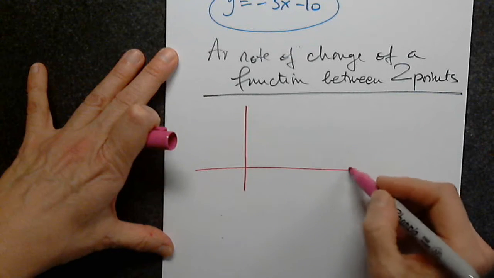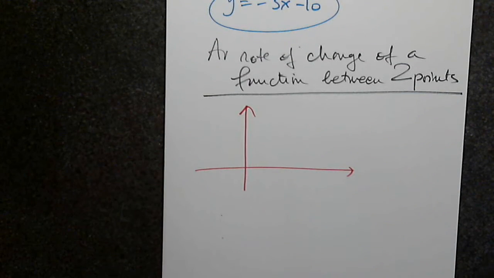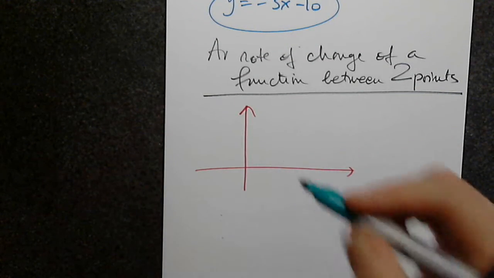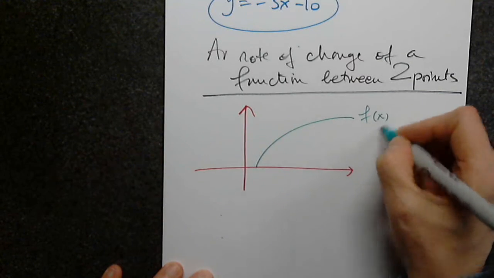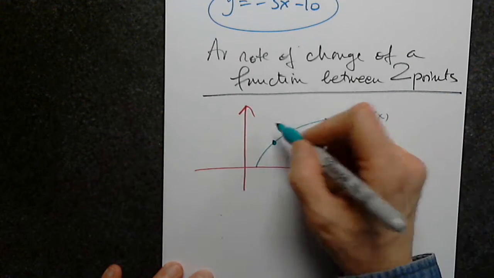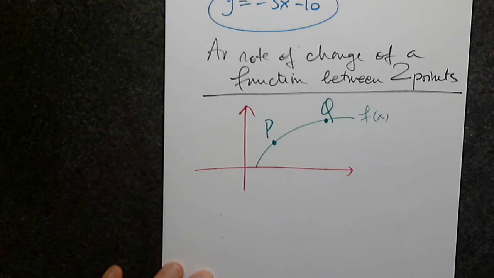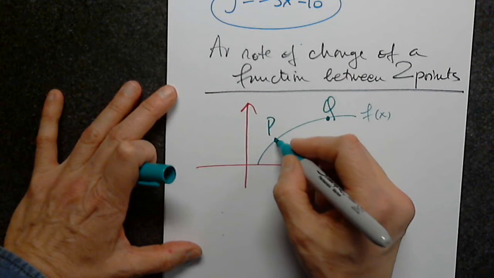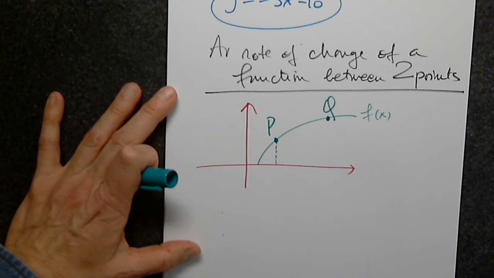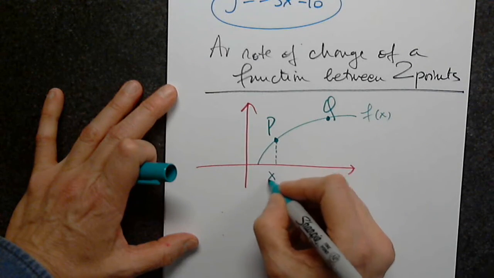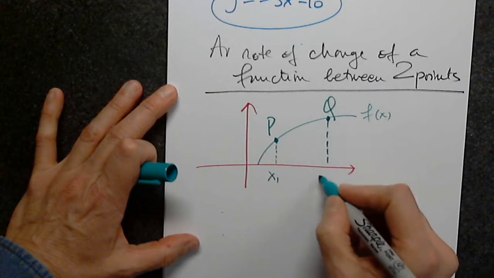So here's a graph so I can explain what we're trying to do here. P and Q are points on the graph, with x-coordinates x1 and x2.